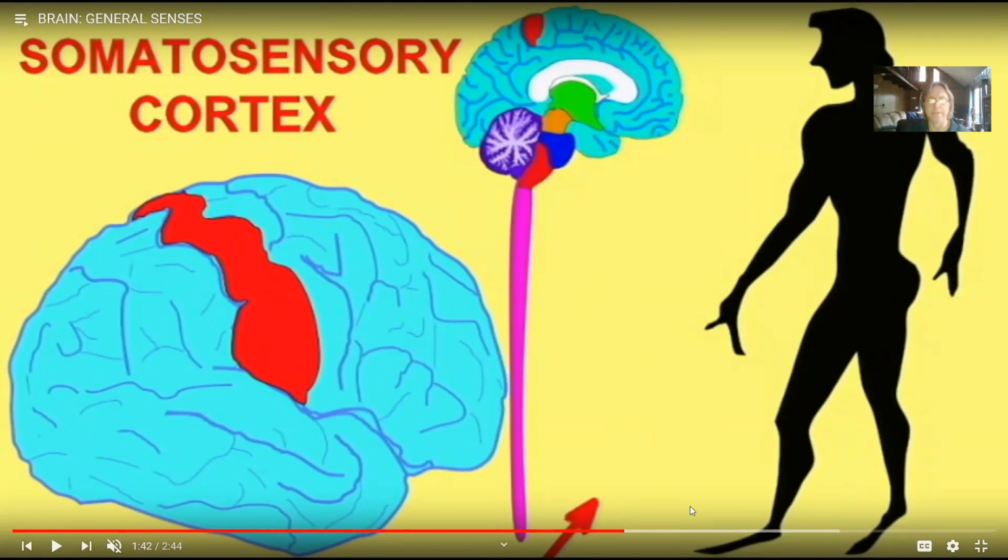And so if something were to touch the hand, that would be perceived there. If something were to touch the side, that would be perceived there. If something were to touch the foot, that would be perceived there. The face would be here. So if I have electrical activity here in my brain, I would say, something's touching my face, something touching my hand.